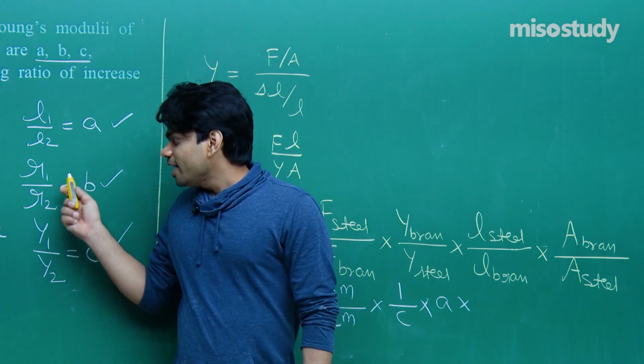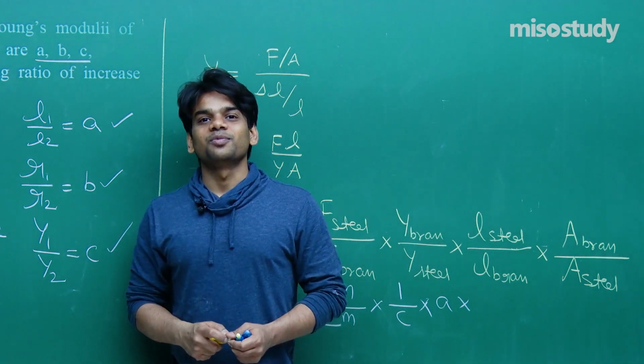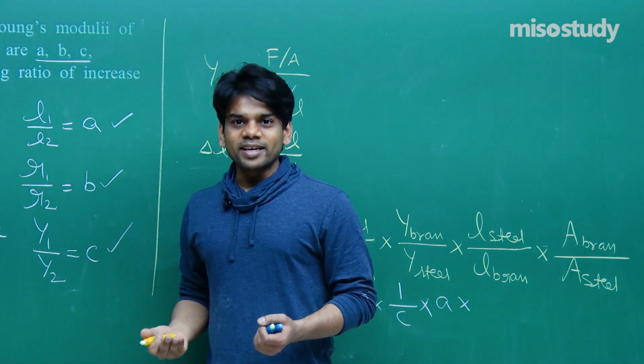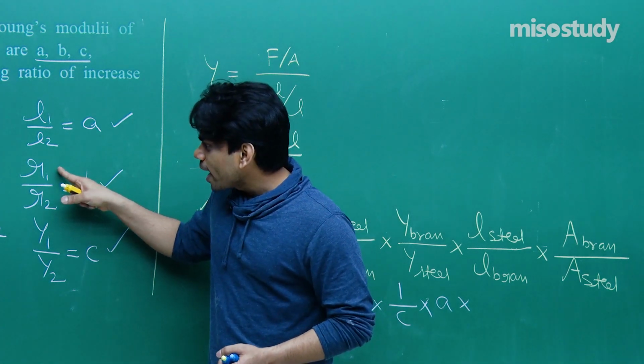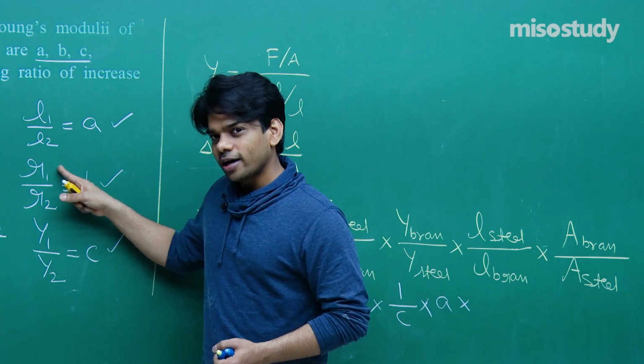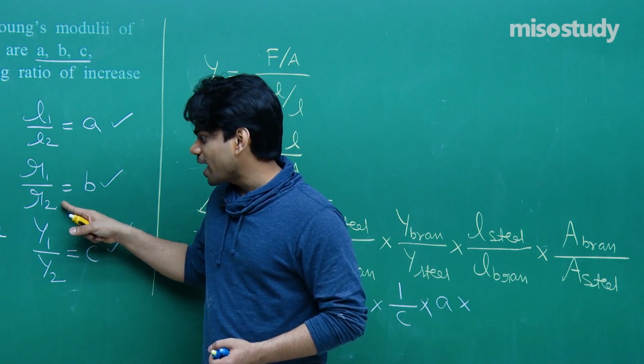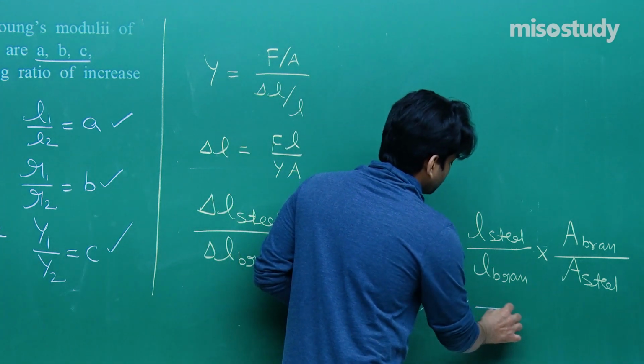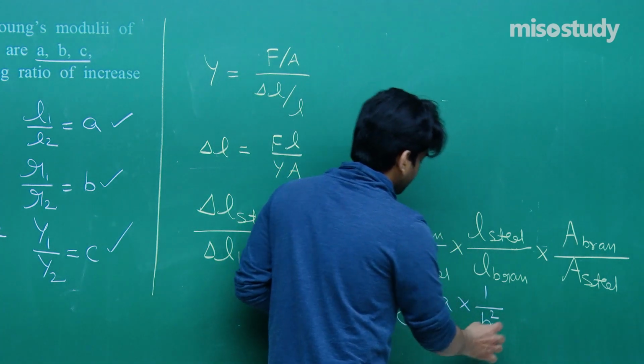We have the radii, that is given as B. Area is proportional to the square of the radius. So area of steel upon area of brass will be B square. So area of brass upon area of steel will be 1 upon B square.